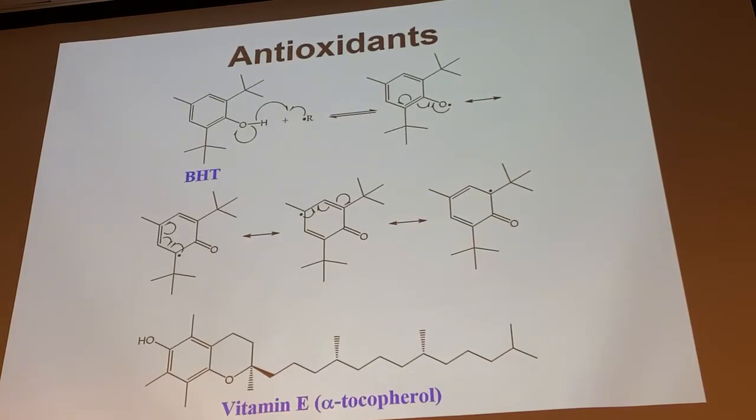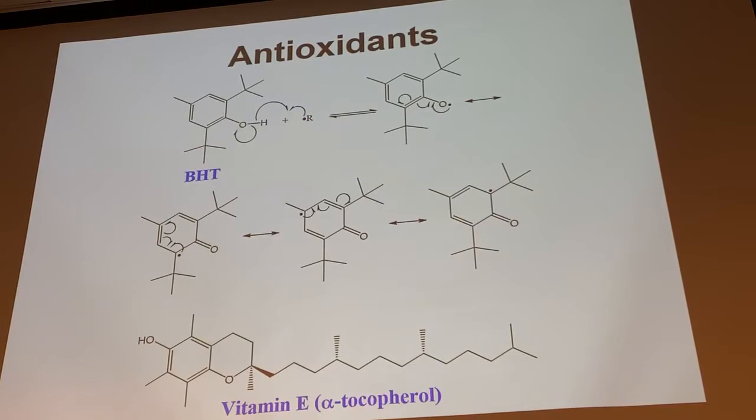Okay, you can see that that radical is going to be delocalized onto 3 different carbons in the benzene ring. And each of those carbons, it would be a tertiary radical. Okay, so we generate a highly stabilized radical, both by resonance and by substitution. And so that radical is less reactive.